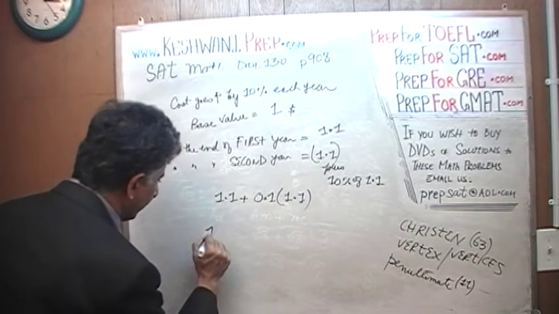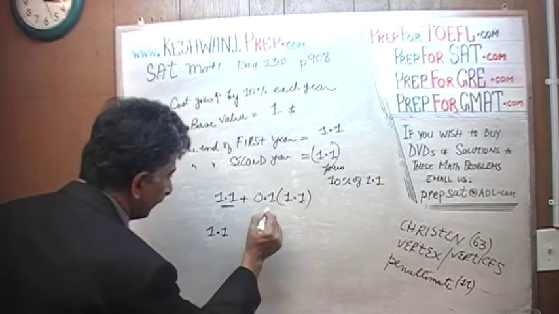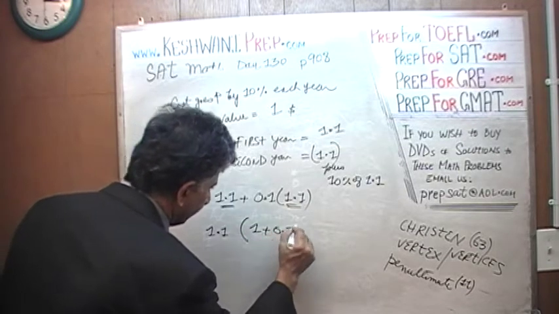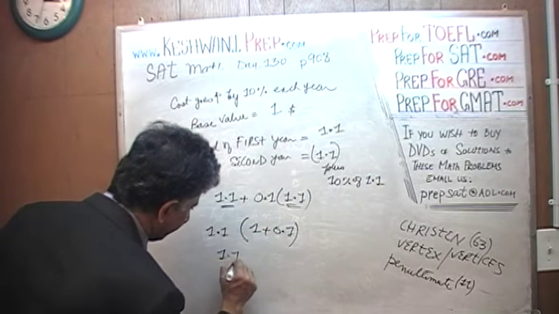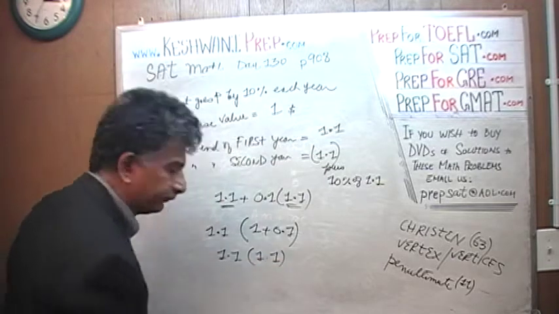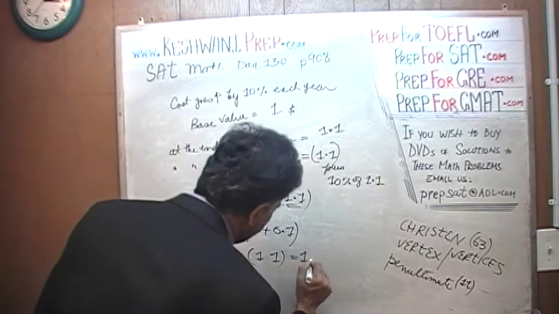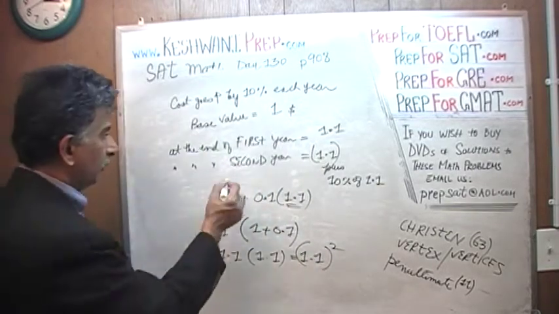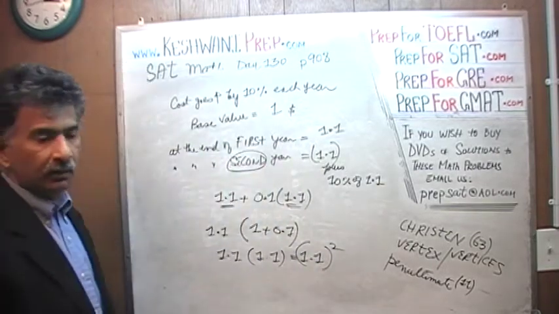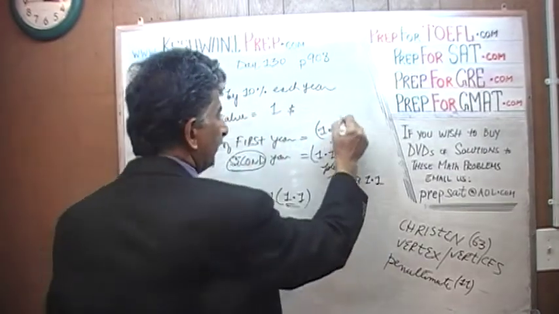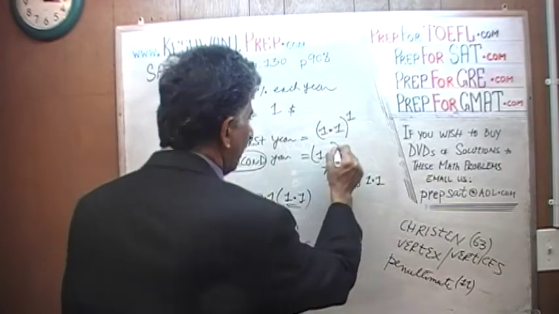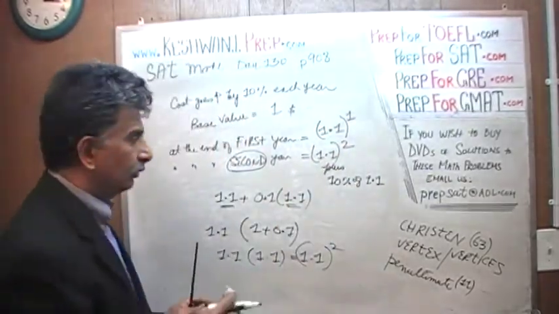And if we take out 1.1 common, here we end up with 1, and here we end up with 0.1, which is again the same as 1.1, which boils down to 1.1 raised to 2. Why 2? Because it's the end of the second year. So at the end of the first year, the amount is 1.1 raised to 1. Now it's going to be 1.1 raised to 2.